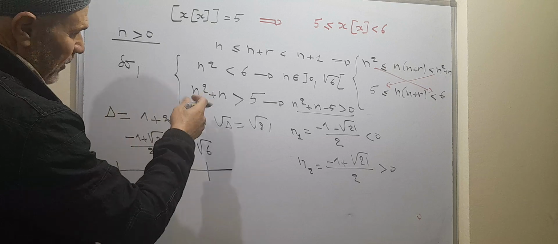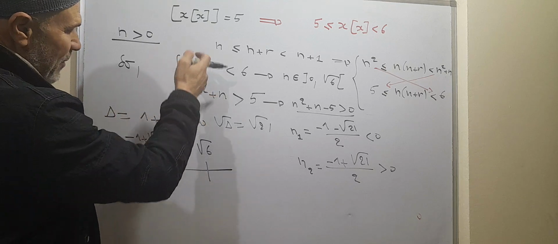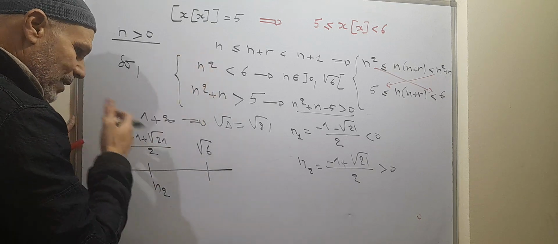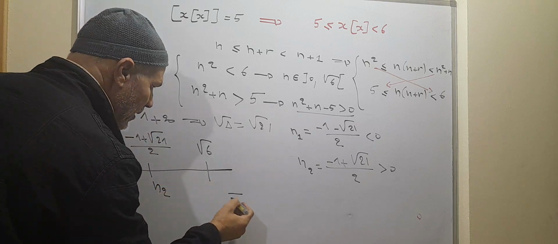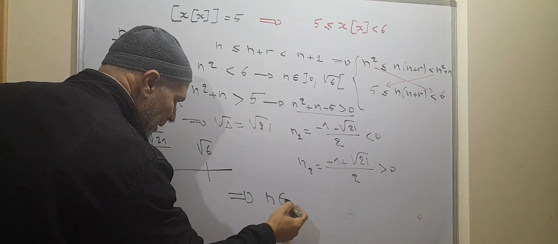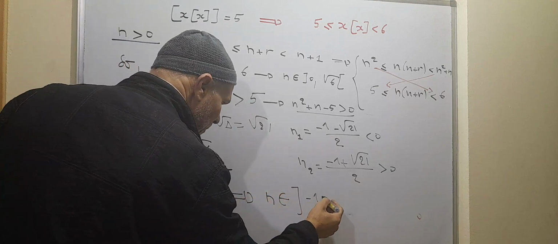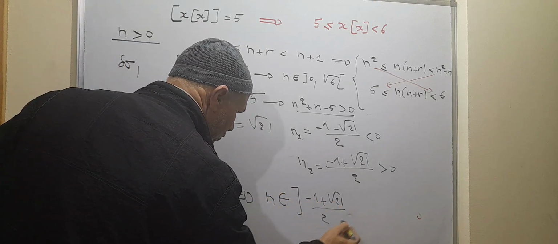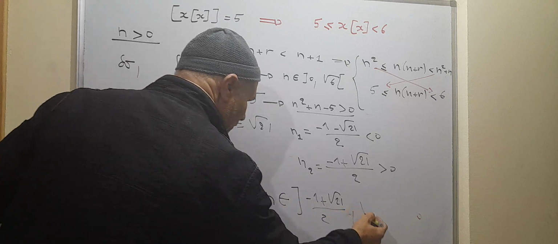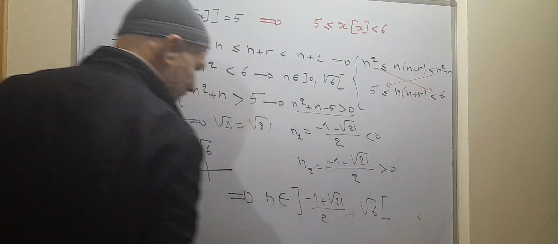So the solution of this system of double inequalities gives us that n must belong to this interval, which is from (minus 1 plus the square root of 21) over 2 to the square root of 6.